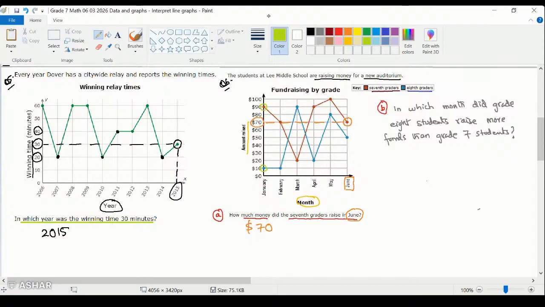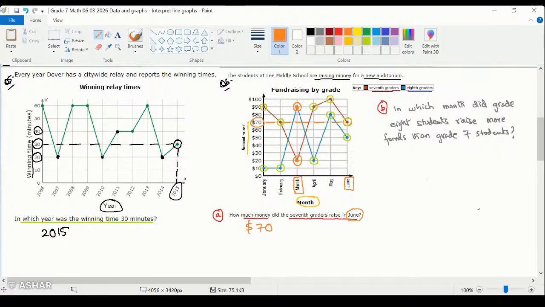That means grade 8 did less. Blue is below the grade 7s, right? Blue is below grade 7s in June. In May, blue is below grade 7s. April, blue is less than. But what about March? This was more compared to this. Agreed?